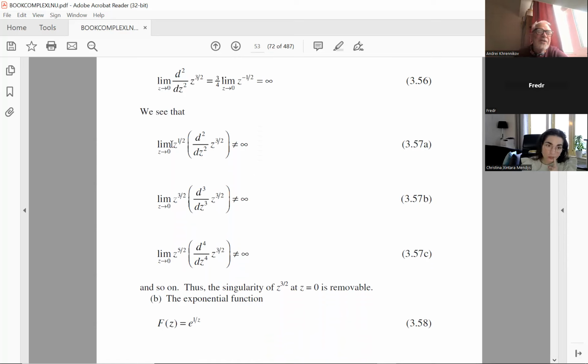We multiply by z^(1/2), and it is already not infinity, but we can also multiply by z^(3/2), and it is not infinity. It's good to determine some value of p which is the most important. It is natural to take the minimal one, and we shall do the formal definition a bit later.